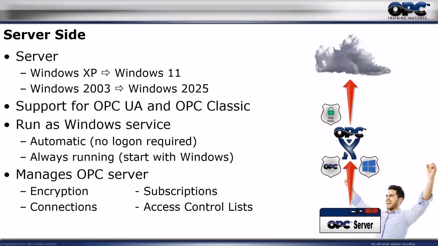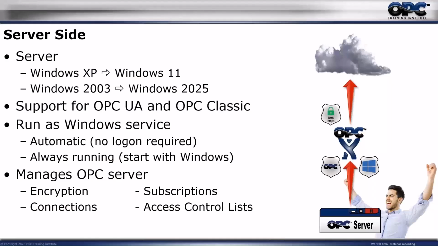And it manages all OPC server encryptions, connections, the subscriptions, the access control list, all of the security is managed by this server over here. So you can see the OPC security is down here. It's between this one and the OPC server or whatever data sources you have. Then up here, you can see HTTP and HTTPS for the security.